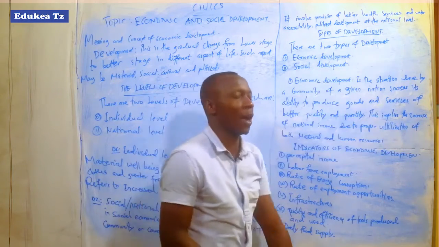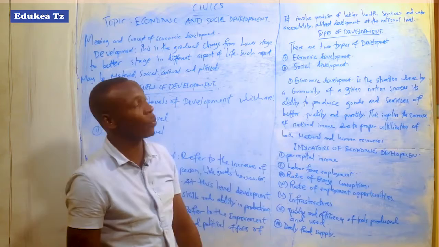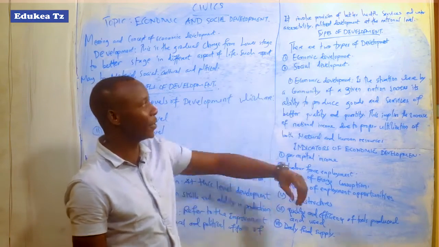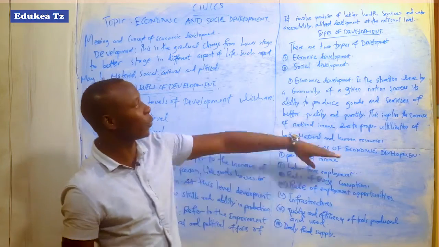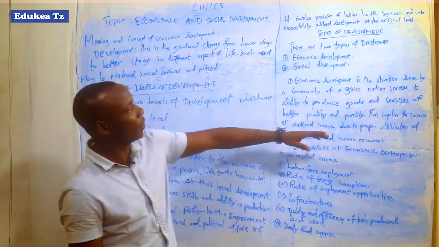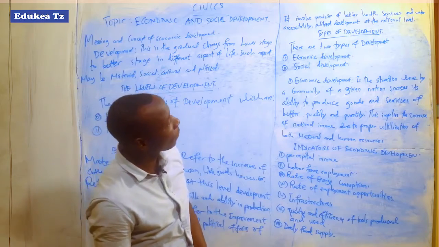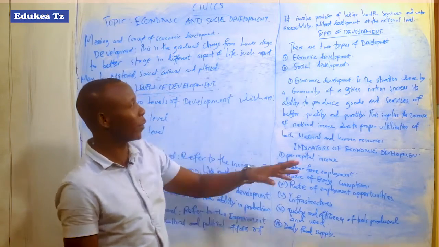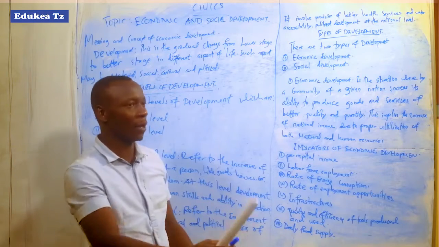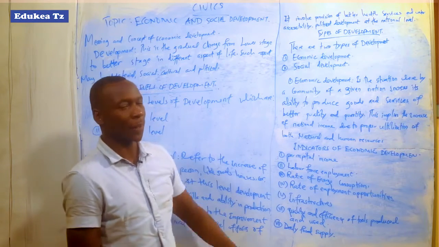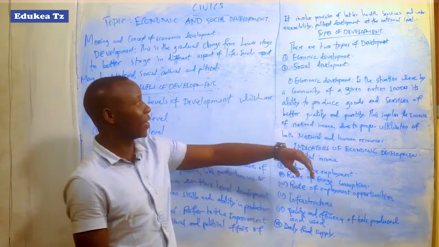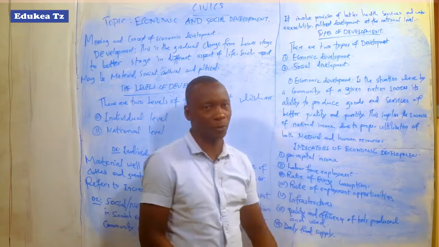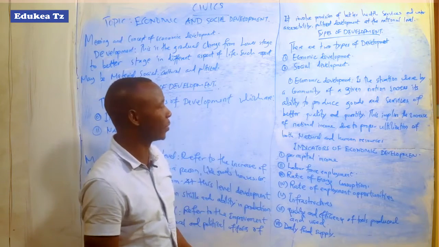If a nation has developed, with a gradual change from a lower stage to a higher stage, it means the nation can afford to provide health services, water accessibility, better living conditions for people, and other services like infrastructure and schools. That implies that the nation has changed from a lower stage to a higher stage of economic development.